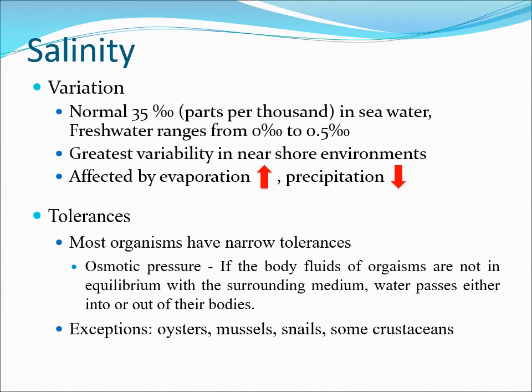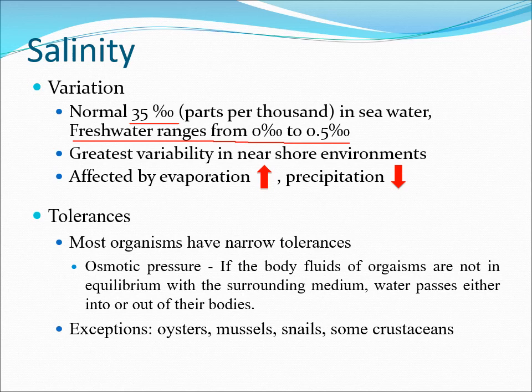Next important variable or abiotic factor is salinity. Salinity is a measure of the dissolved salt content of natural waters. It is usually measured in parts per thousand, and normal marine water shows a value of 35 parts per thousand, whereas normal freshwater shows values ranging from 0 to 0.5.